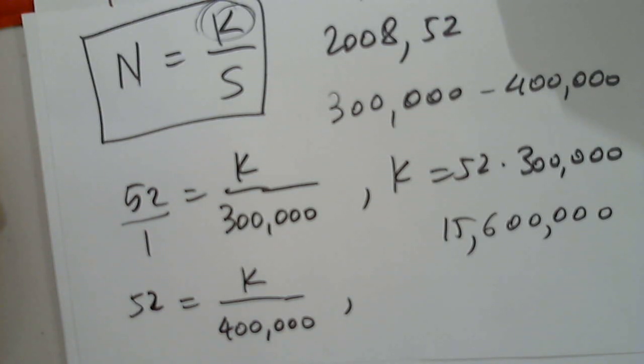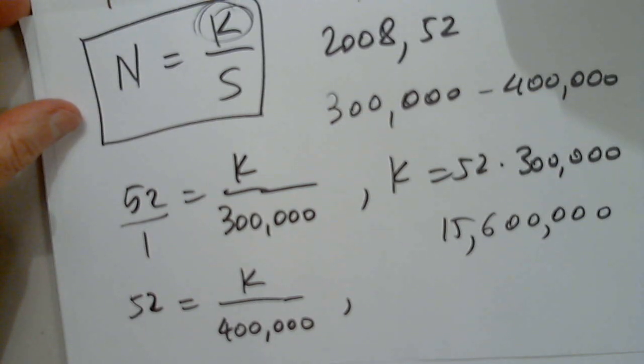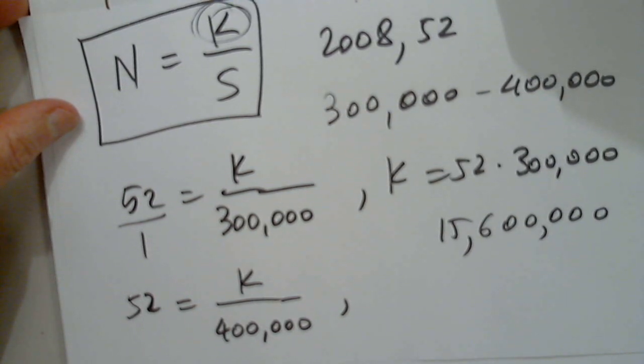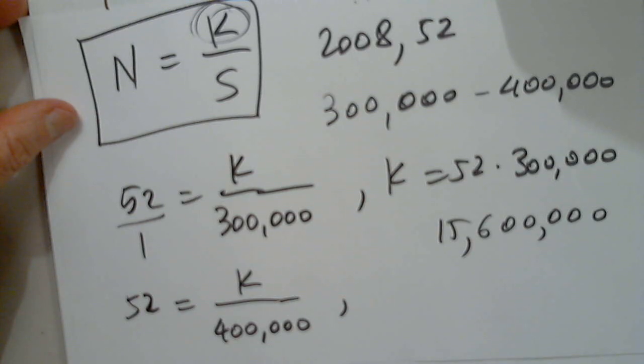That's just the difference. Cities with a population between 300 and 400,000. Inversely proportional, 52. Cities with a population greater than 300,000. So that's our K. Estimate the number of US cities with a population between 300 and 400,000.